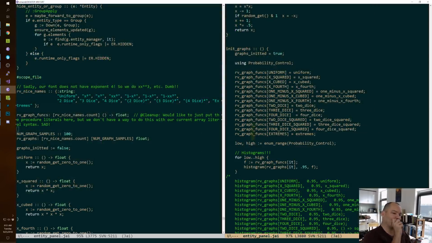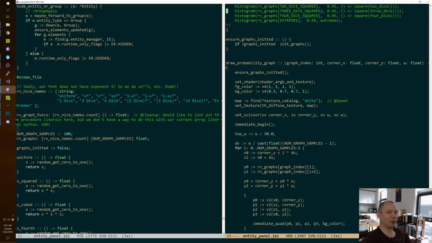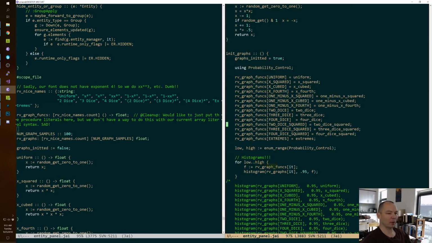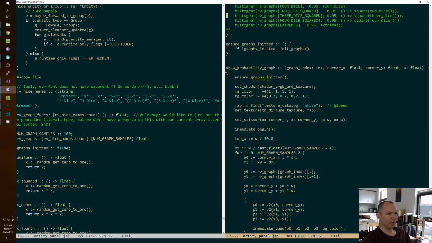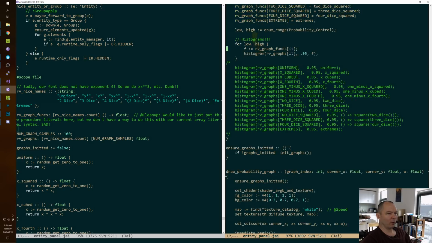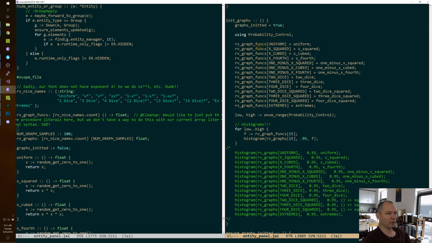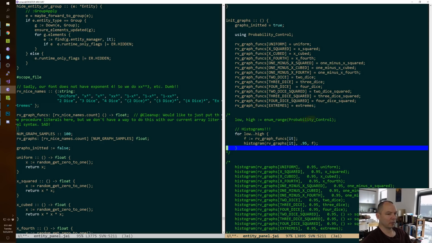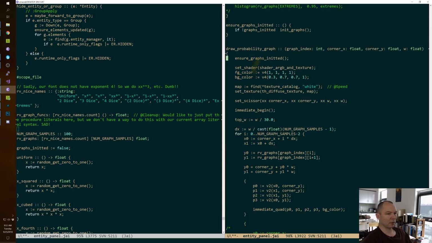And now is when we get stupid. The whole reason we did this was just so we can get stupid, right? Okay. So to draw the probability graph, we're just going to redo whichever one is the active one every frame.